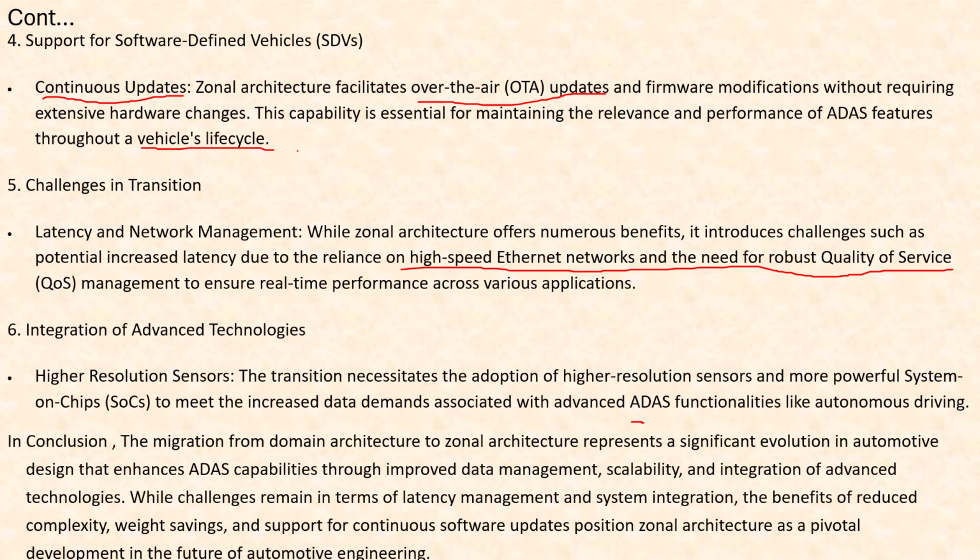As ADAS functionalities move towards autonomous driving, you require sensors with higher resolution, and higher resolution means more data payload and a more powerful system on chip. System on chip is nothing but an electronic control unit. With the help of zonal architecture, higher resolution data can also be easily processed.